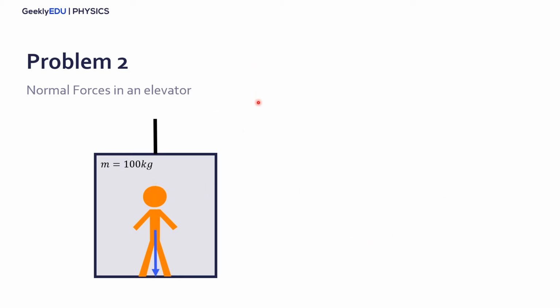Okay, now let's think about this situation here where the elevator starts to move up. So the initial velocity is 0, but now we have an acceleration of, let's say, 2 meters per second squared. Okay, so what should be the normal force in this situation when the elevator starts to move up?